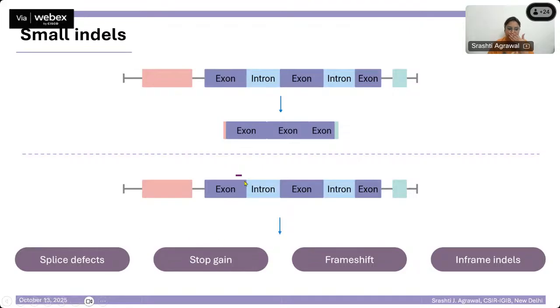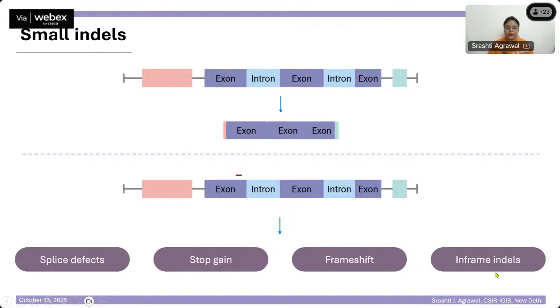For example, if it's happening in the motif that defines the splicing area, then it might lead to splice effects. If it is leading to a shift of the frame and thus a stop codon insertion, then it would be stop gain. It might lead to frameshift also, and most common small indels lead to frameshift mutations.